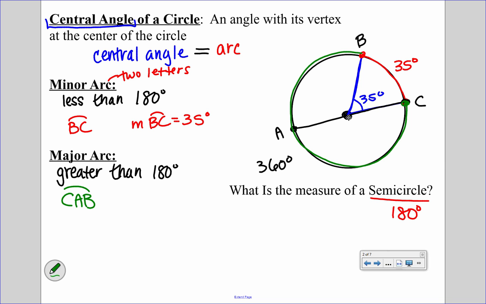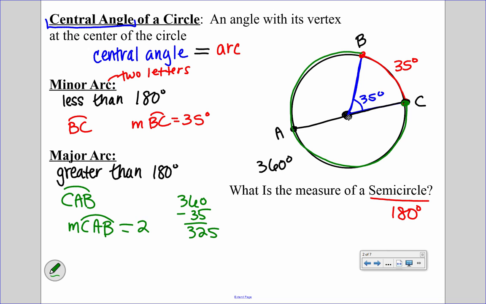Now, to find the measure of CAB, we know that an entire circle is 360 degrees, and the green arc is just the red being subtracted. So we can do 360 minus 35 degrees, and we get 325 degrees.